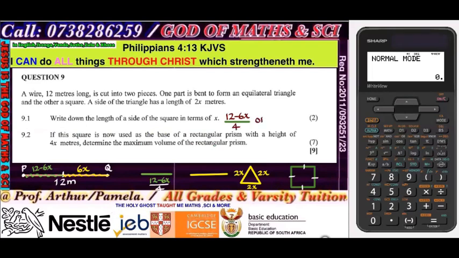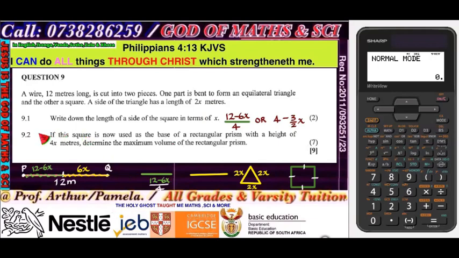Or you could write it as 3 minus 3 over 2 x, or 1.5x, doesn't matter. It has an x, so far so good.